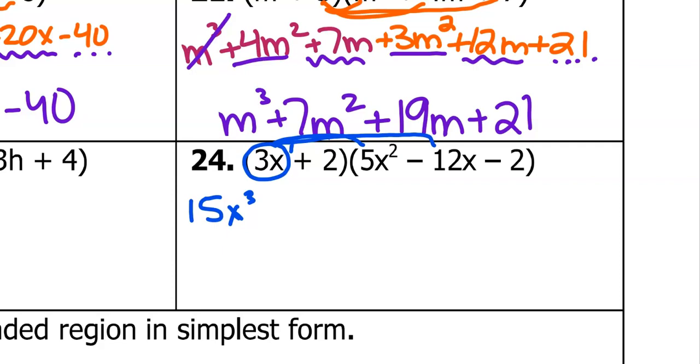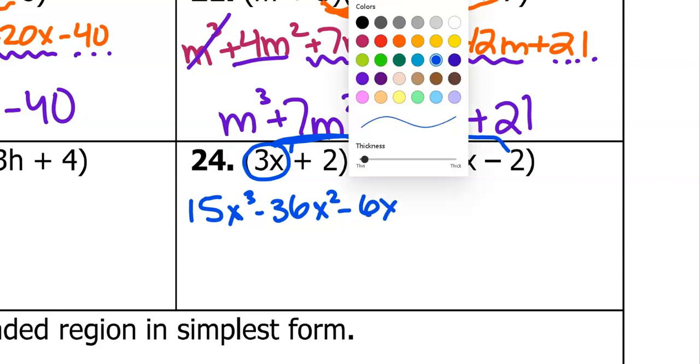Negative 36, yep. And then x times x, Kylan? X squared. And then the very last one, 3x times negative 2. Three times negative 2 is negative 6, and then it still has an x. Good. All right, Kylan, pick a number 1 through 25.